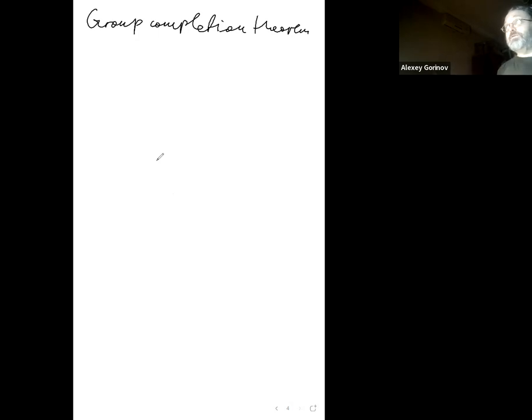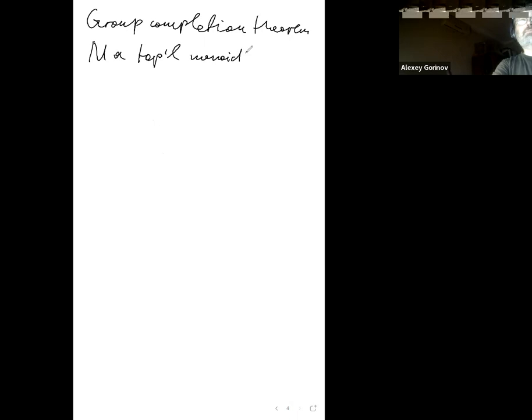It's not a massively difficult theorem. Okay, so suppose M is a topological monoid. I will now only state the version that we will need. In fact, the theorem is more general, but let's not get distracted.